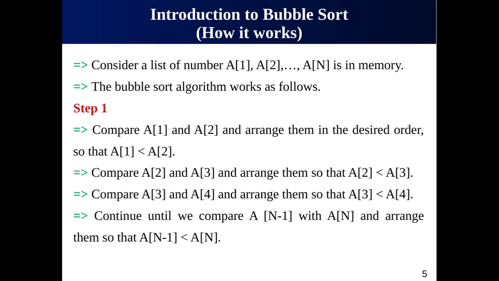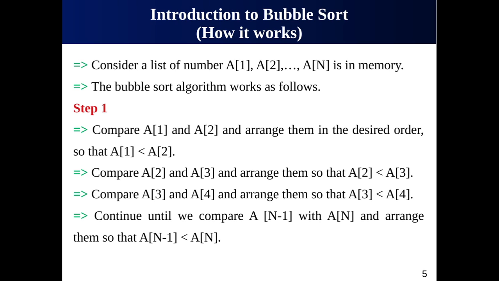First thing first, you have to compare a1 with a2, and on the basis of this comparison, you have to arrange them in the desired order. And what is the desired order? As I mentioned earlier, for most of the examples we consider that we are going to sort the data in ascending order. So the desired order is that a1 must be less than a2.